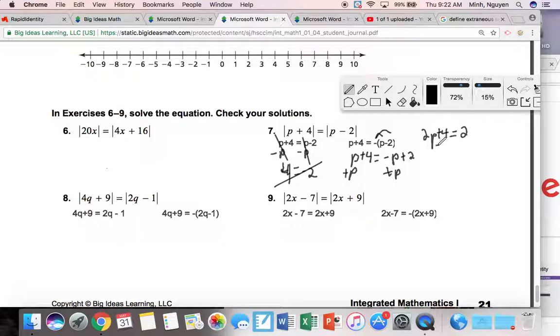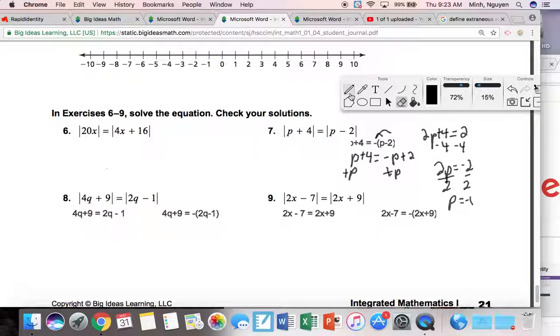Now I can subtract 4. I'm just working on isolating the variable. Negative 2 divided by 2, p equals negative 1. And it says to check our answers. Here we got none, so we don't even have to worry about that.